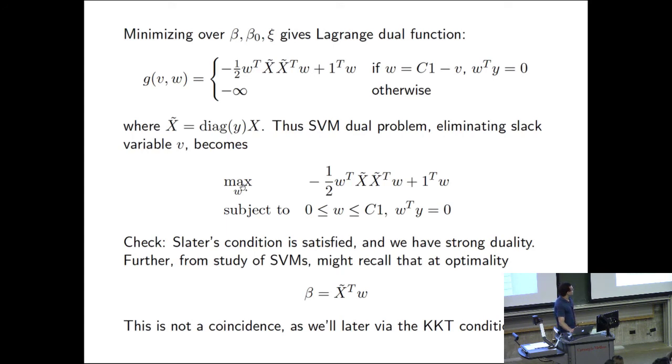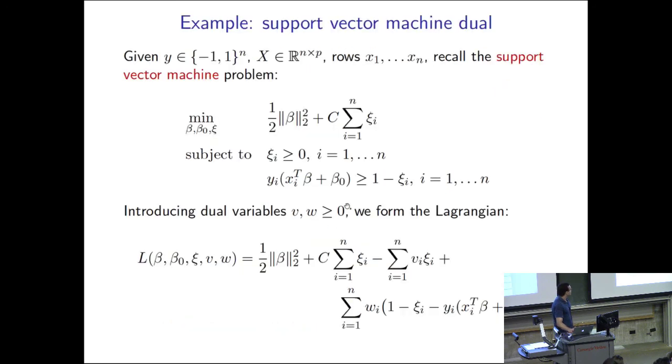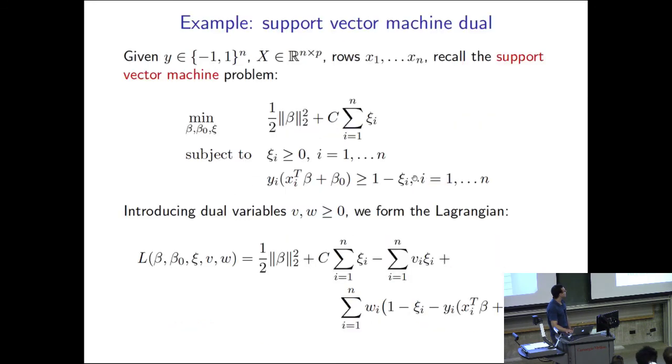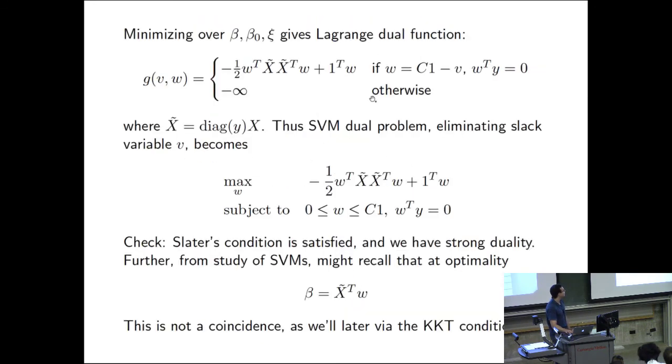We haven't done any kernelization, but we would think of this as the kernel matrix in the SVM. So this is the SVM dual, and Slater's condition says that if this primal problem had any nonlinear inequality constraints, then we'd have to have a feasible point that satisfies them strictly. But there are no nonlinear inequality constraints, so it's satisfied because it is feasible. That's all that we require. So we have strong duality, which means that this maximization and this minimization bring us to the same thing.